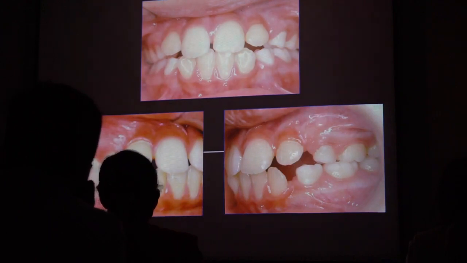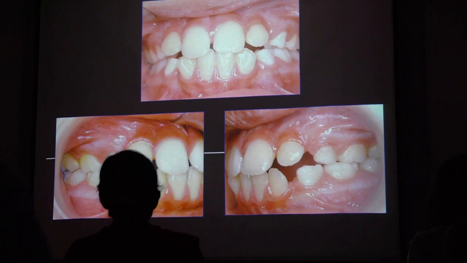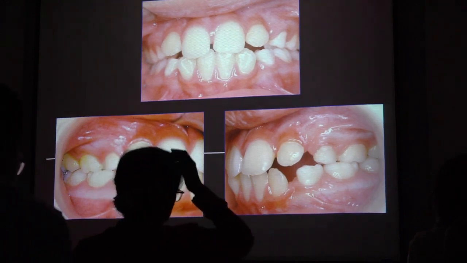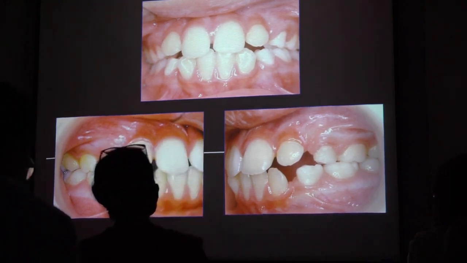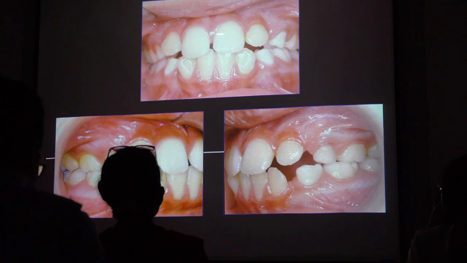So let's rewind a little bit. Look. If you see this case, maybe you can say, okay, I have here four temporal canines lost.